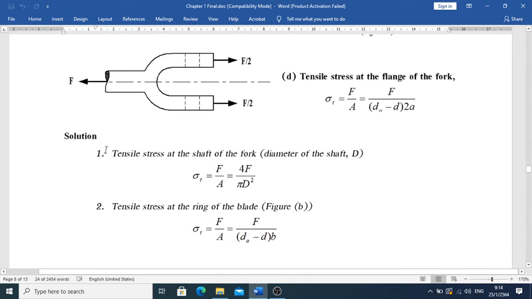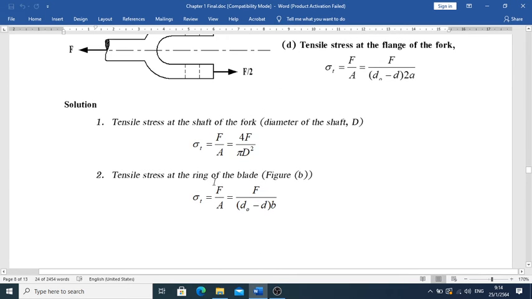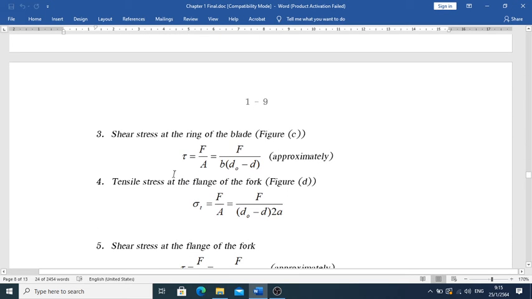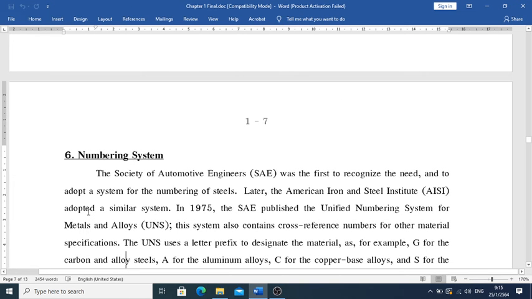So the solution that I show you up there is what I'm trying to find: the sigma, or the stress that might happen, for the cases 1, 2, 3, 4, 5, and number 6 is going to be the bearing stress.